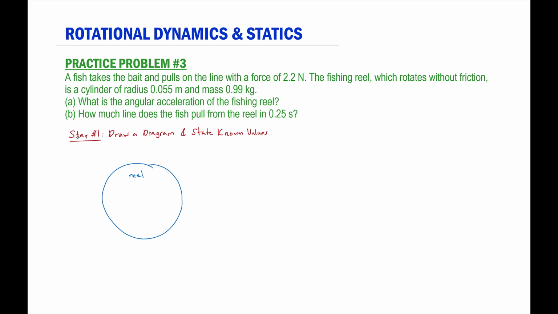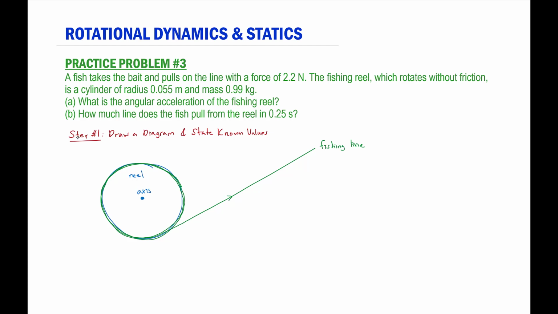We have our fishing reel and the axis of rotation. We also have some sort of line that's wrapped around this reel. So we can assume it's wrapped tightly around the reel, and at some point it's going to exit. So this is the fishing line, and it goes up along the rod.